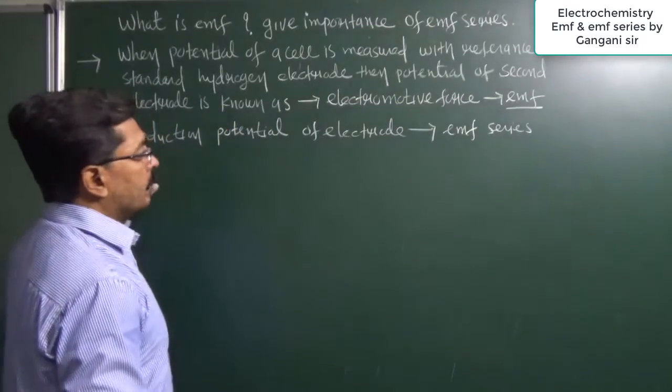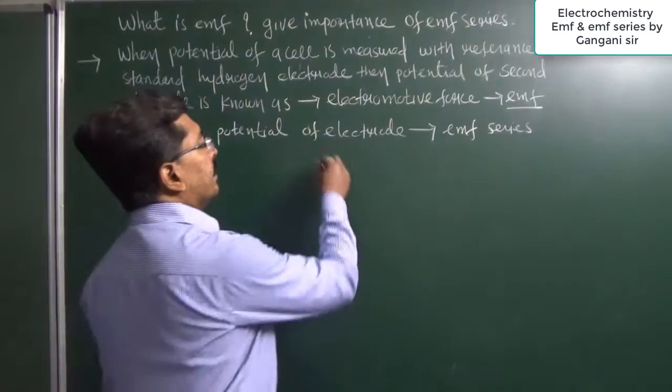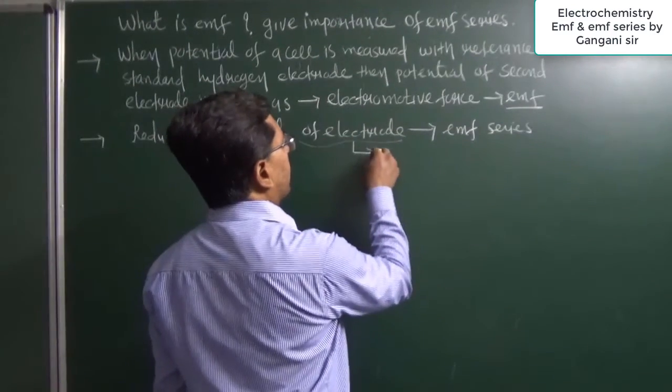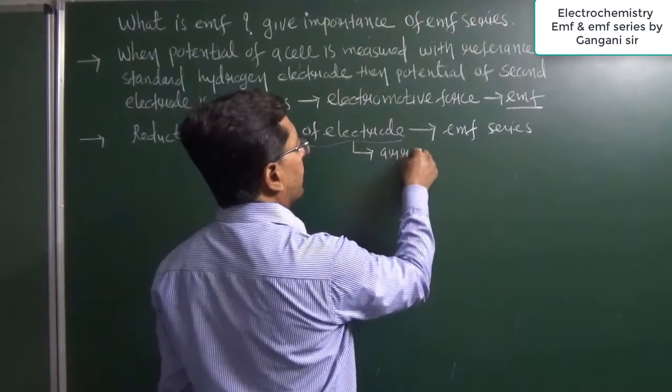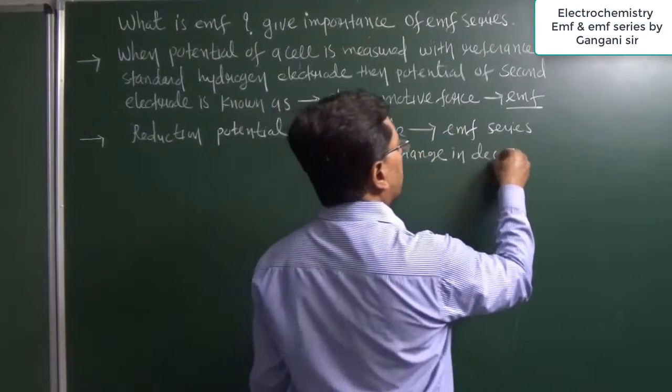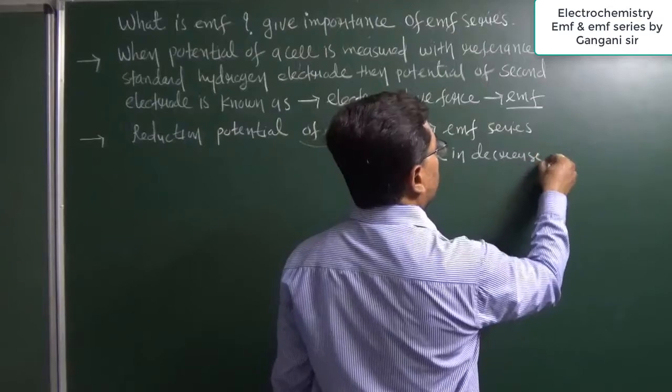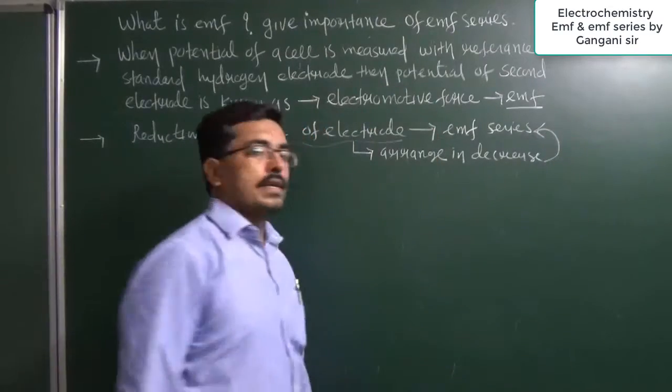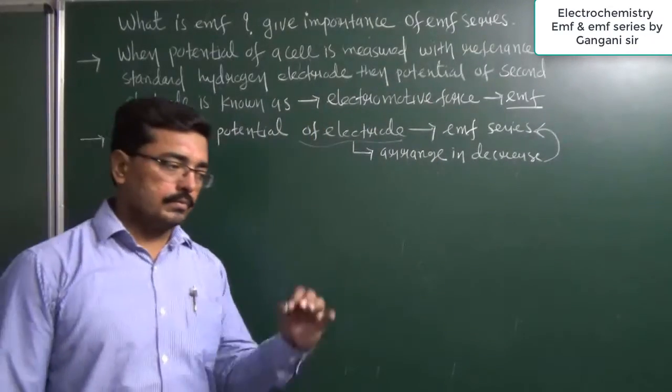So the reduction potentials of electrodes we have measured are arranged in decreasing order, and the series obtained is known as the EMF series.